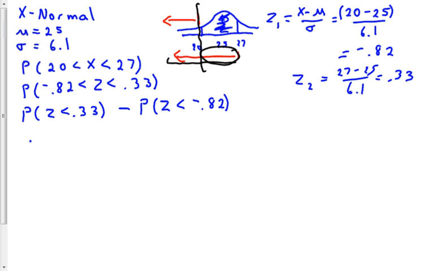So 0.6293 minus 0.2061. All these steps being equal gives us our final answer of a 0.4232.